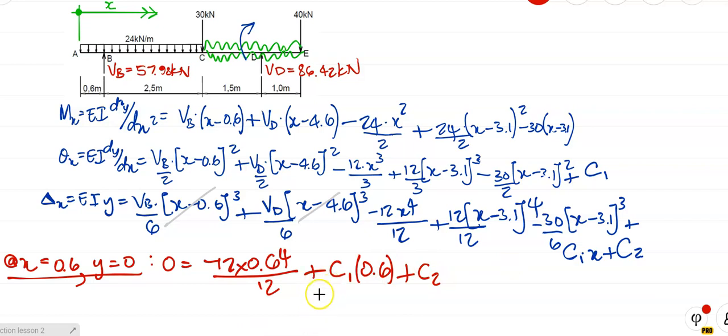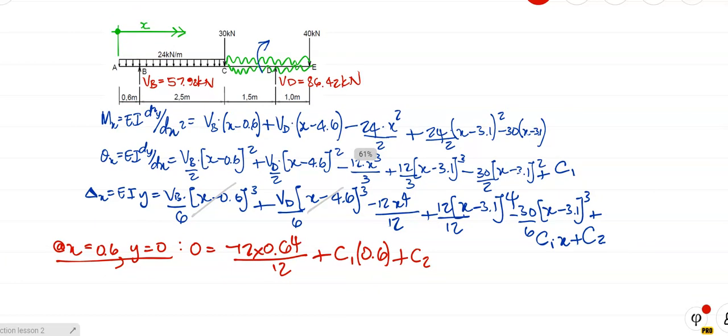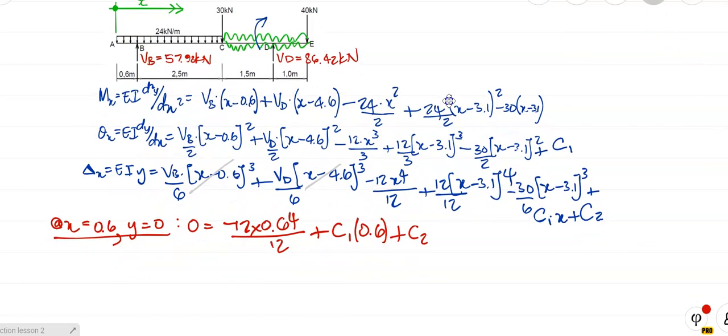Can we solve for this? No, we can't. We can't solve for C1 or C2 because we've got two unknowns in one equation. But let's state the equation for x at the second support there. So I'm going to say at x equal to, what's the distance there?